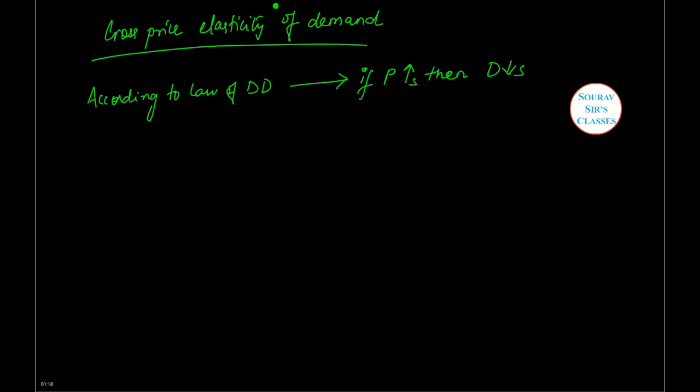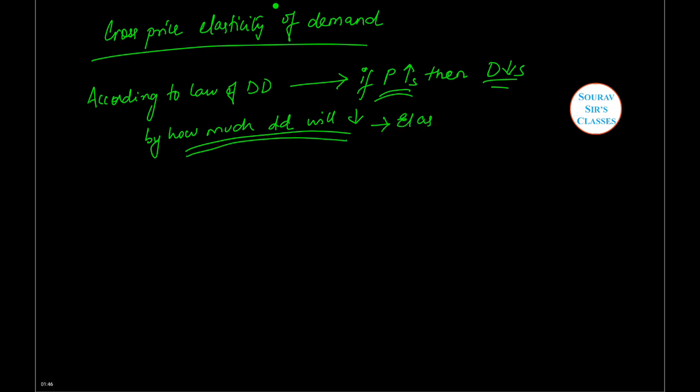Now, the question is, when the price will increase, by how much will demand fall? Whether it will fall more than price, whether it will fall very less, whether it will not fall, whether it will fall infinitely. This question is actually answered by the concept of elasticity.